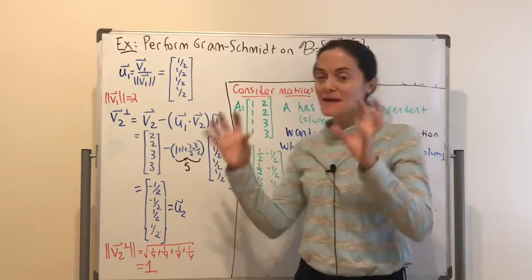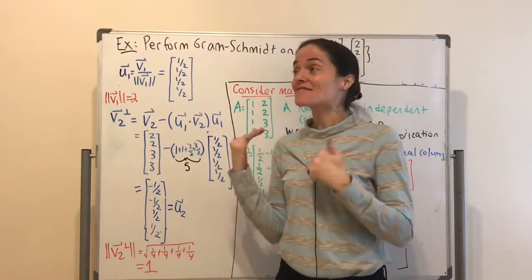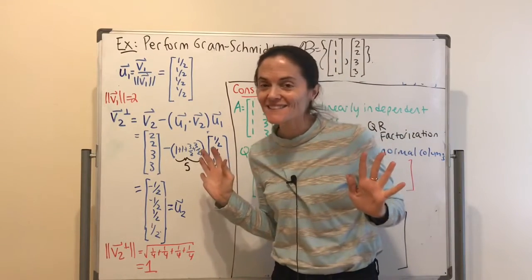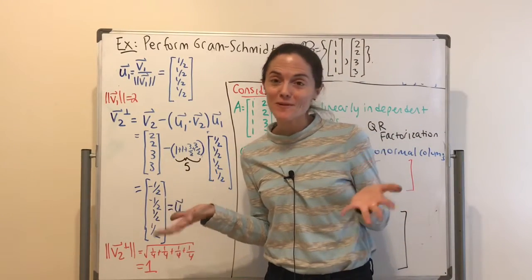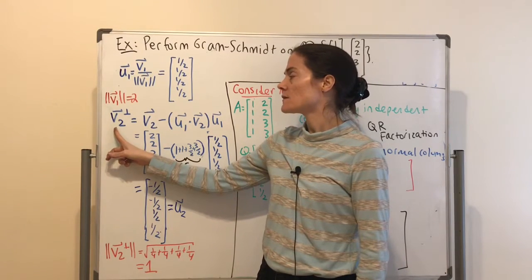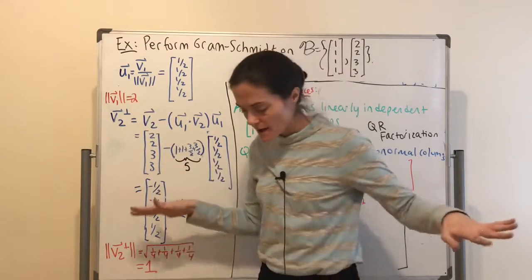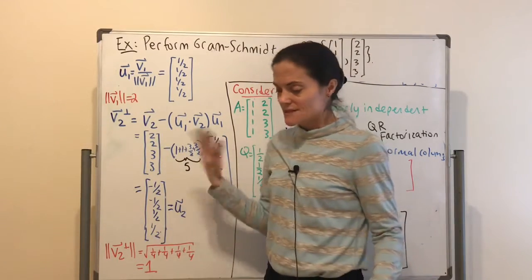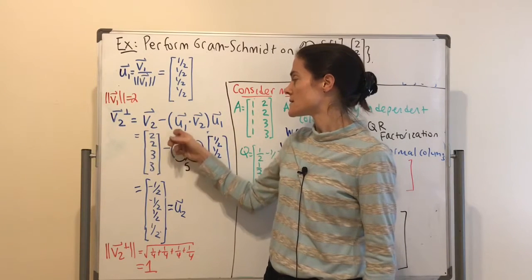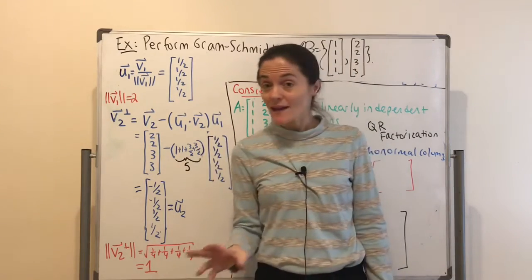What happened was my camera went out of focus at some point in the middle of the problem, and I didn't realize it until later. So I left it on the board. We're just going to talk about it, and then we will move forward. We want to compute this component of V2, which is orthogonal to the line spanned by V1, or equivalently by U1. So we take V2 minus U1 dot V2 times U1. And this is where I think it went out of focus.